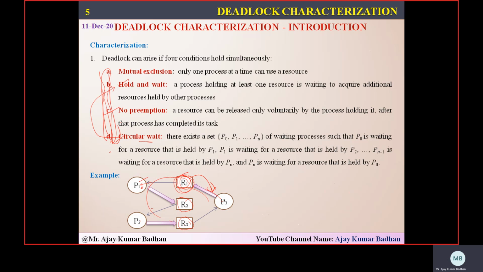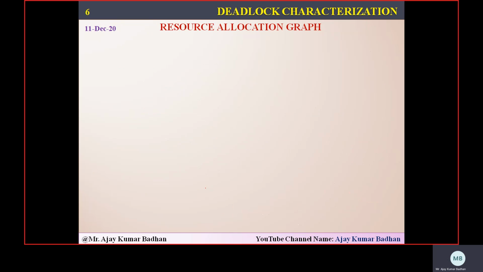Circular wait and hold and wait are mostly interrelated, and we can see that in this particular diagram. I hope it's very clear. There is a cycle formation here, so definitely there will be a deadlock. This is the best example we can show in this scenario. And the next one we have is the resource allocation graph.